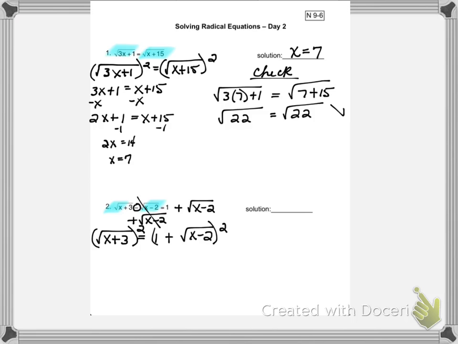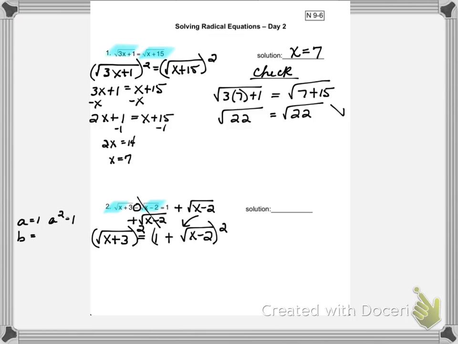And this is where knowing that a plus b squared is a squared plus 2ab plus b squared for squaring a binomial is handy for this part right here. So I'm going to go off to this left side here and list, in that case, a is equal to 1, so a squared is equal to 1.